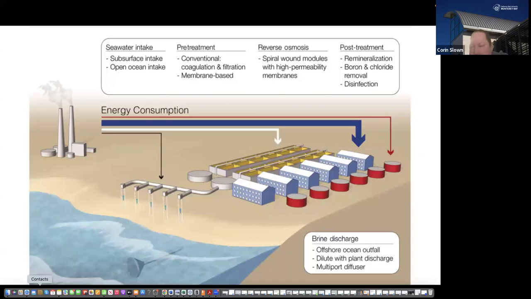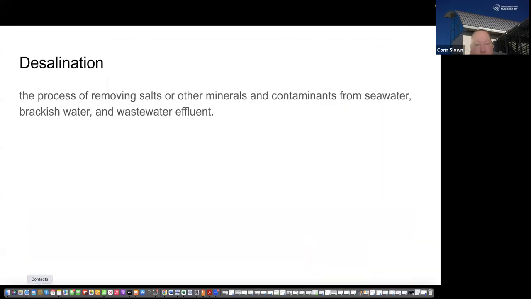So you can imagine there are a number of concerns that come with a desalination plant, and several factors that have to be considered, not just the energy use, but also the potential for pollution, as well as the actual process itself and the generation of drinkable or potable water.